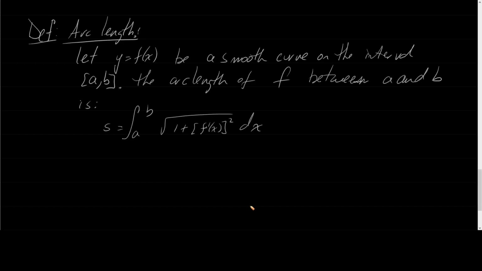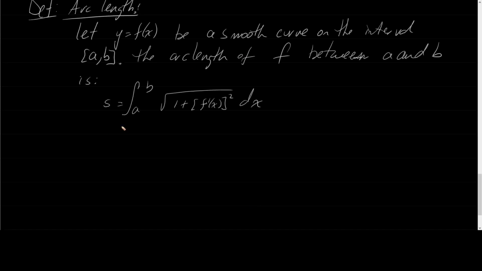All right. Similarly, if instead of being given y equals f of x, I'm given x equals a function of y, g of y, well, the same exact idea applies, but now we have to have everything in terms of y.